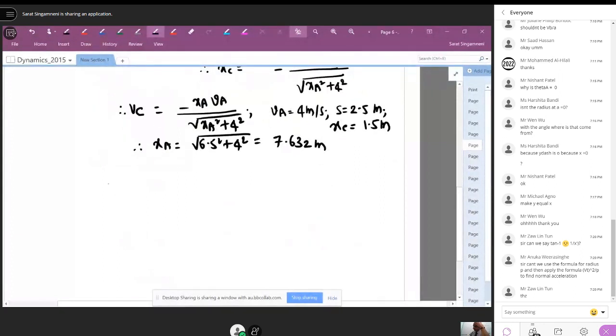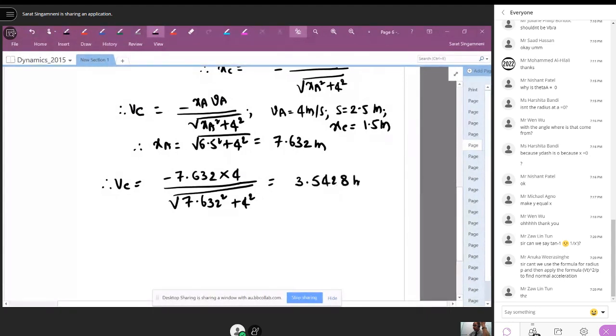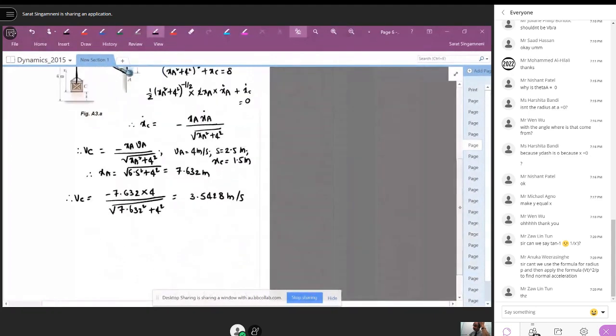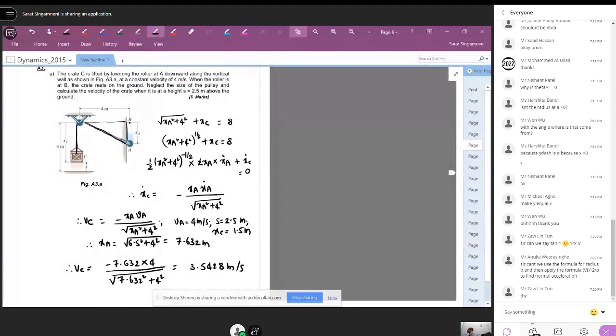Substitute these quantities, you will get velocity as minus 7.632 times 4 divided by root 7.632 square plus 4 square, which is equal to 3.5428 meter per second. Any question?